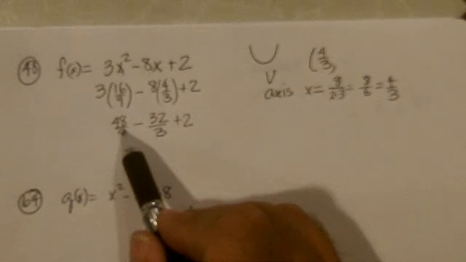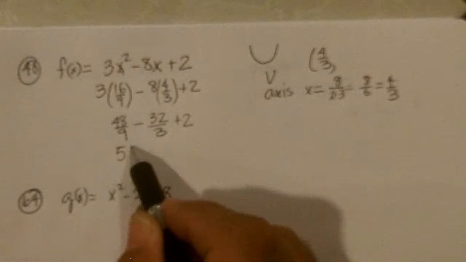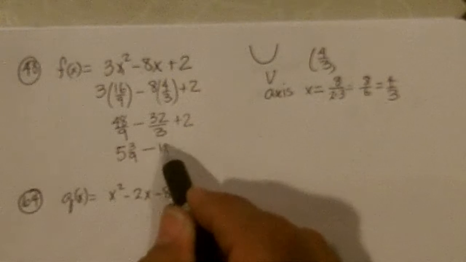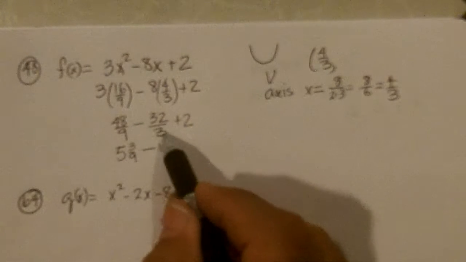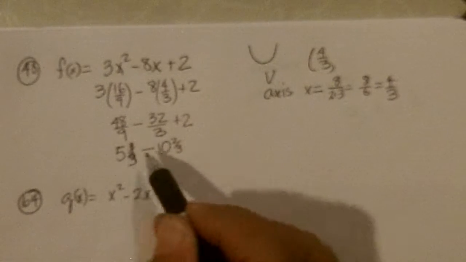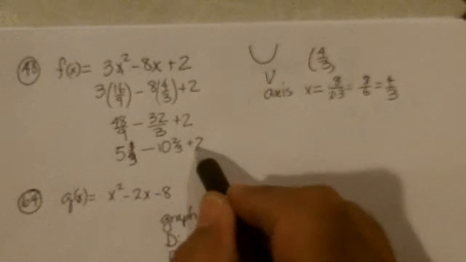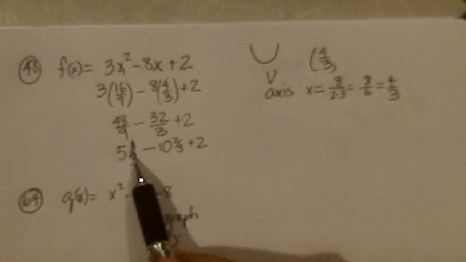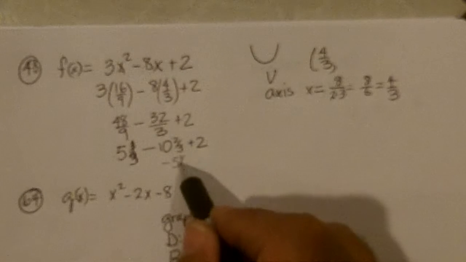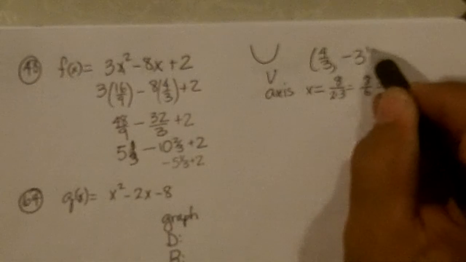So let's see, 48 ninths is 5 and 3 ninths minus 10 and 2 thirds. 3 ninths is 1 third. So notice this is twice as much as this. I thought it wasn't, but it is. Plus 2. So 5 and a third minus 10 and 2 thirds is minus 5 and 1 third, plus 2 is minus 3 and 1 third.